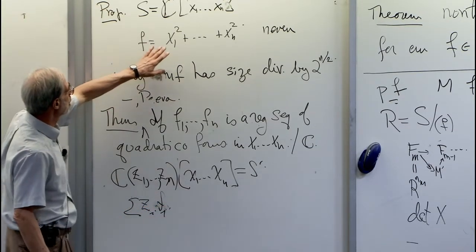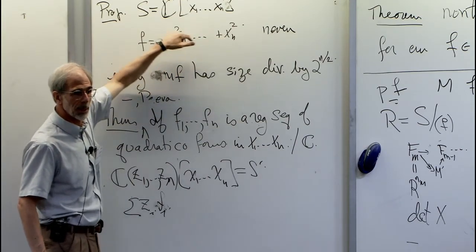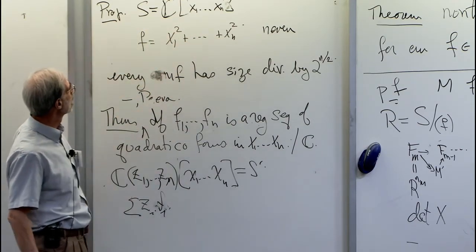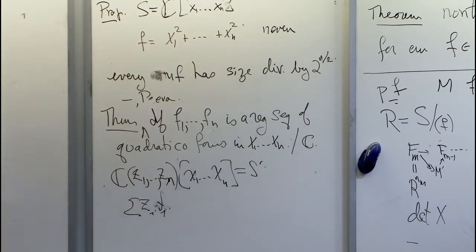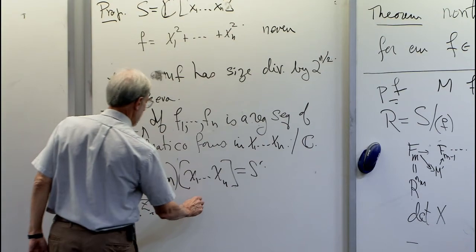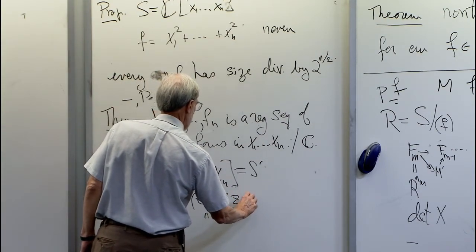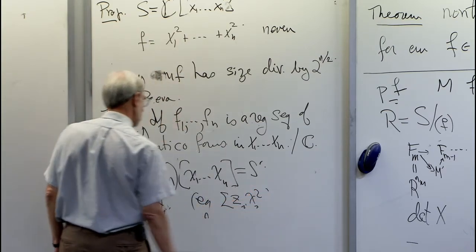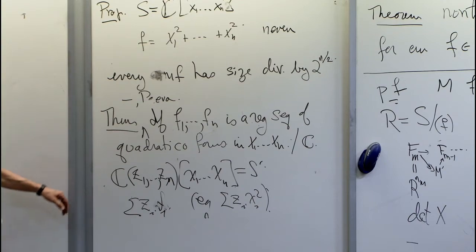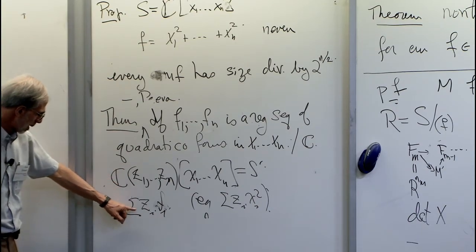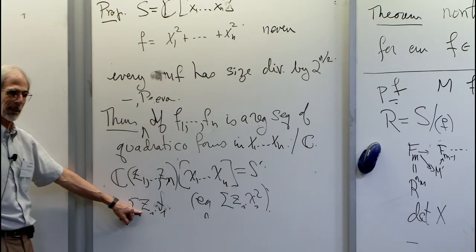So in this case, I would put generic coefficients in front of all these x's squared. Right? The summation of zi xi squared is an example of this. So I want to think of this as a single quadratic form. Then the matrix factorizations of this thing are all of size 2 to the n. That's what I wanted to say.